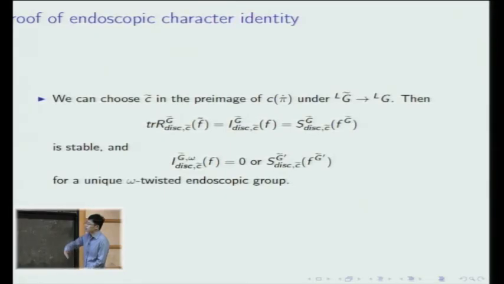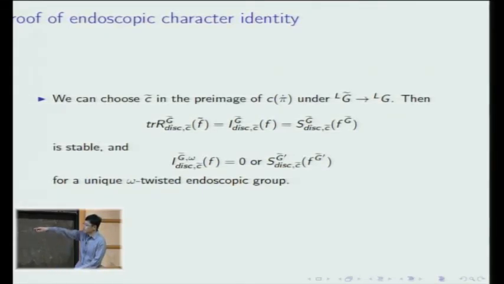And if you look at the twisted trace formula, also because of that fact, either this twisted distribution will be 0, or only one twisted endoscopic group will contribute. So if you look at these two formulas, we are in good shape for proving the local identity.